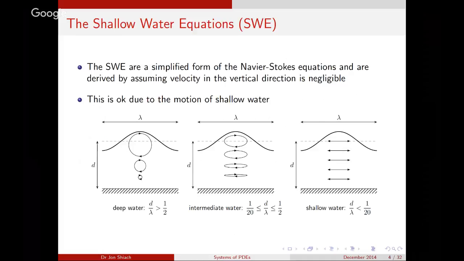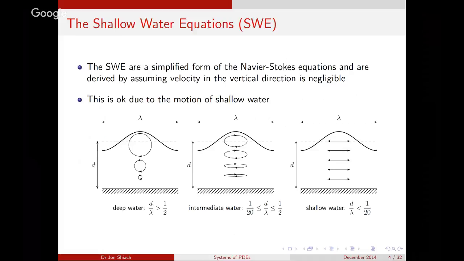Water behaves differently depending on the depth to wavelength ratio. In deep water, as a wave travels from left to right, a neutrally buoyant particle would go in a circular motion, and the radius of the circle would decrease as we go further down from the surface. When you're down to about a couple of meters below the surface, you don't actually feel it.